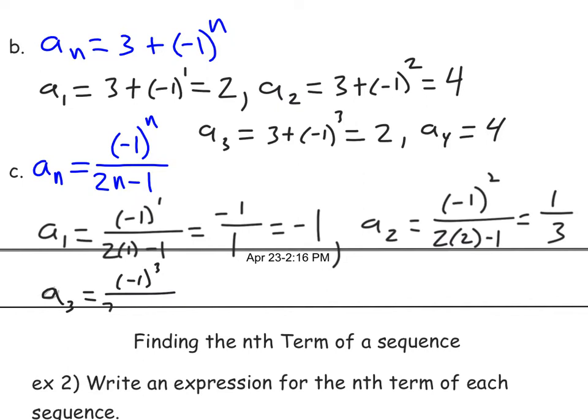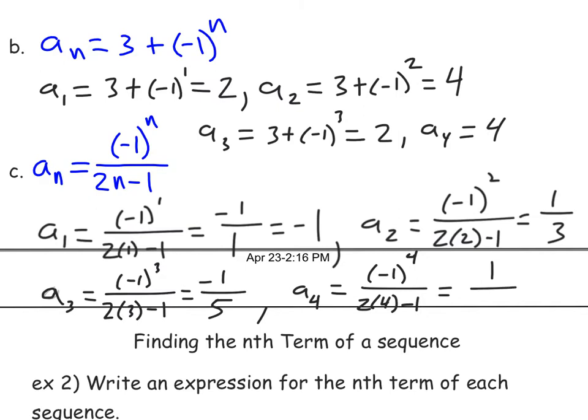-1 to the third over 2 times 3 minus 1. Top goes back to -1. Bottom would be 5. +1 on top.